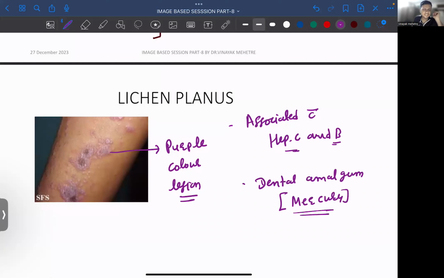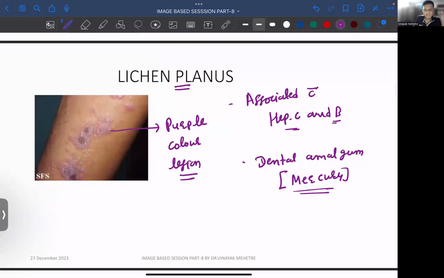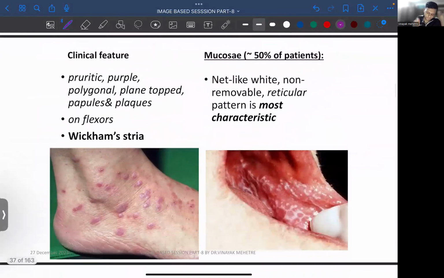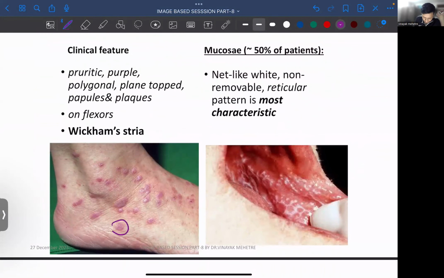This is the second hint. Mercury will cause lichen planus in your mouth, right? P for planus, so all the features will be P.